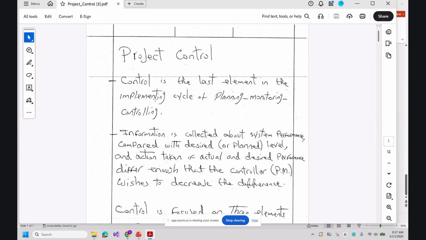So this is what your assignment is going to be for this coming week. You're going to meet and discuss project control, and I already submitted an agenda for you if you want to follow that agenda in order to manage the control aspect of your project. Any questions, any comments?